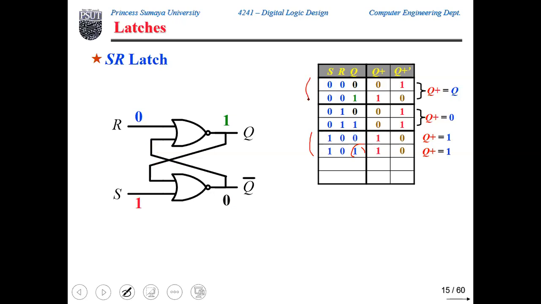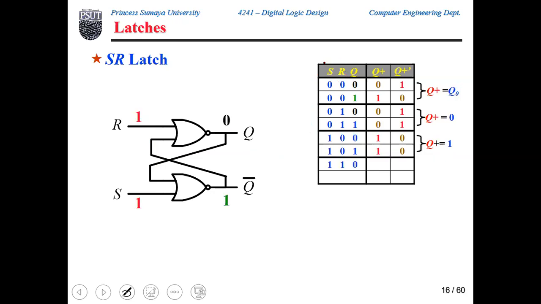So here we have a hold operation, here we have a reset operation, and here we have a set operation. And this is achieved by specifying the values of S and R. All right? So this type of storage element, which is a latch, allows us to perform set operation, hold operation, and reset operation.